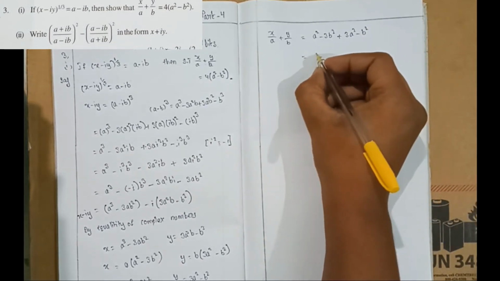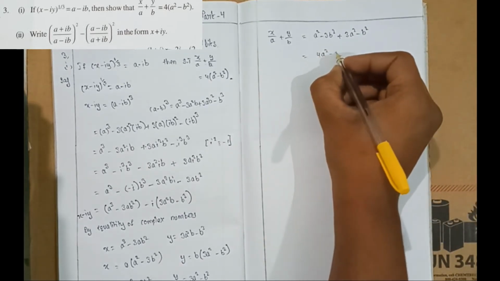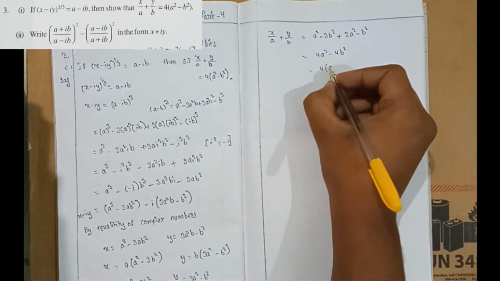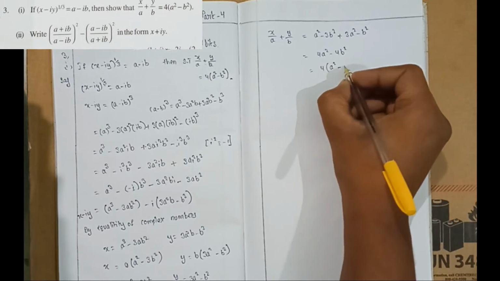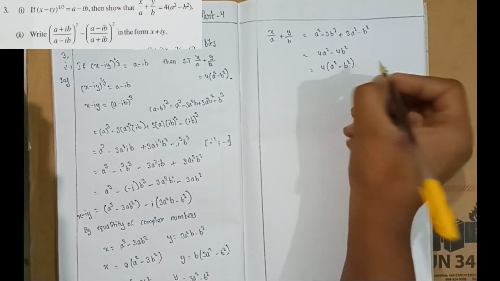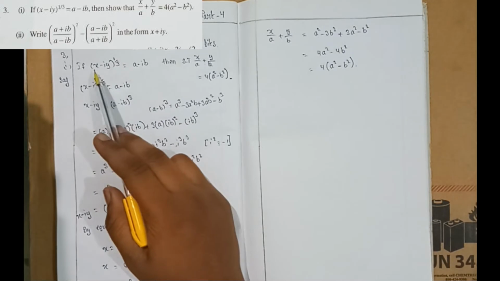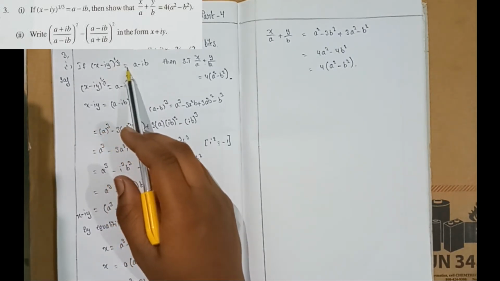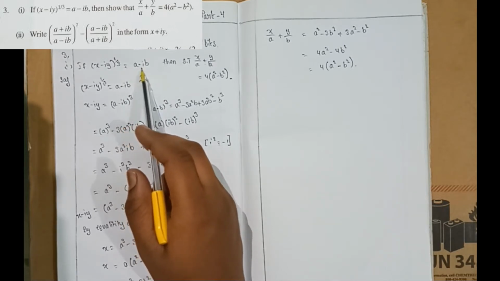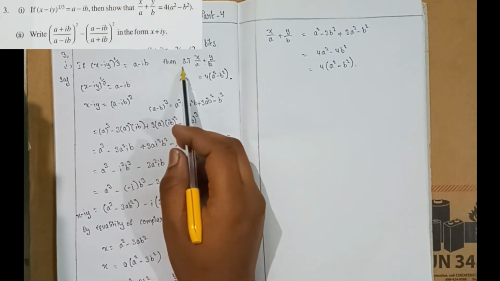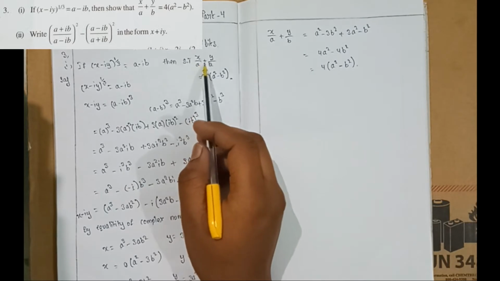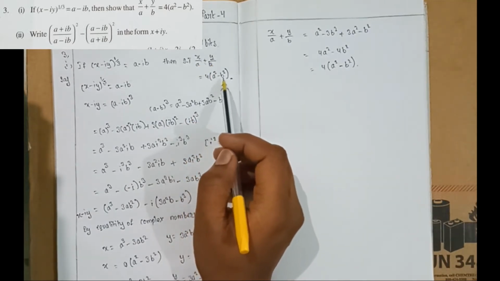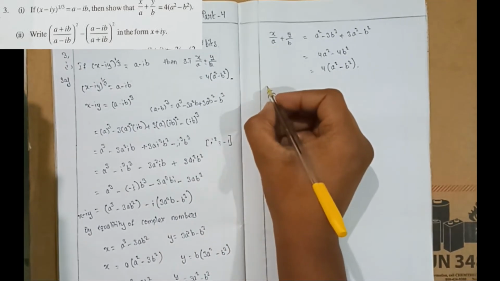It means 4a square minus 4b square. If we take 4 common, it is 4 of (a square minus b square). Hence we have proved that if (x minus iy) whole power 1 by 3 equals a minus ib, then x by a plus y by b equals 4 of (a square minus b square).